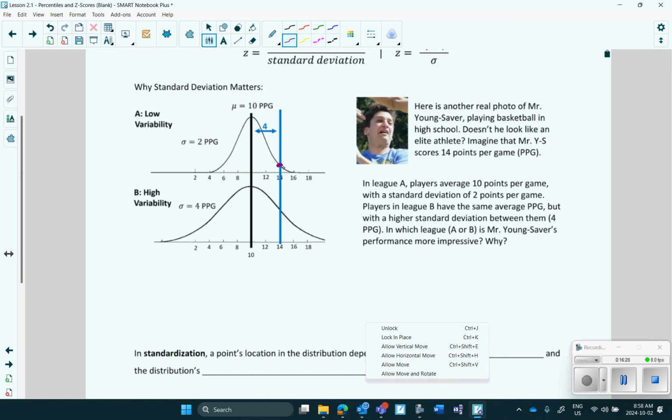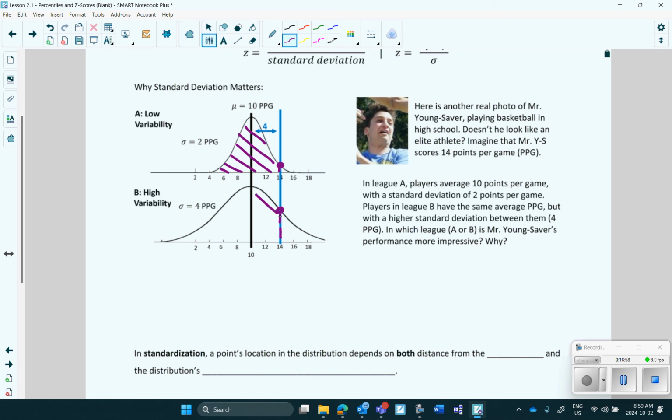This represents all the data values. His is about here. His points per game is the same as or higher than pretty much the rest of the data values, with a standard deviation of 2. But a standard deviation of 4, okay, his score is here.